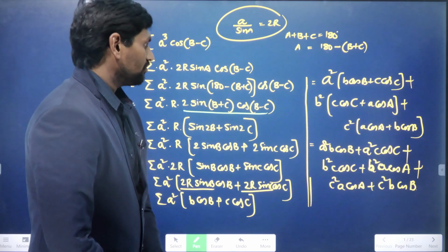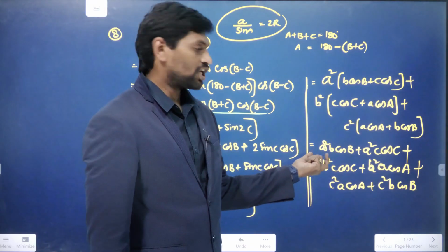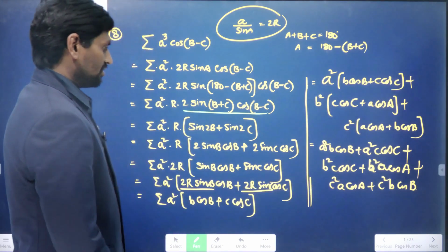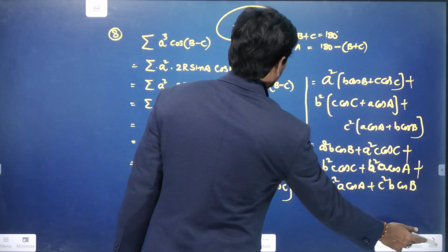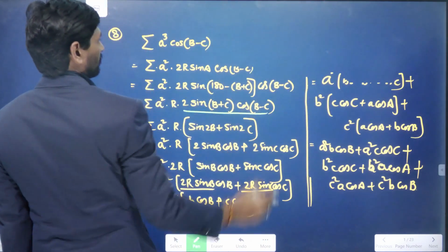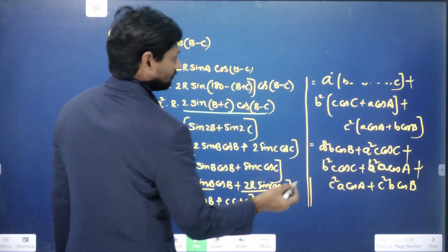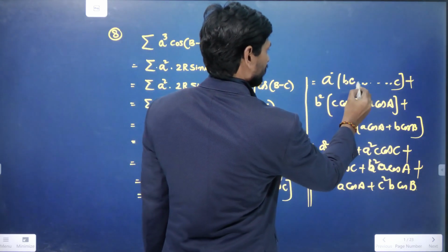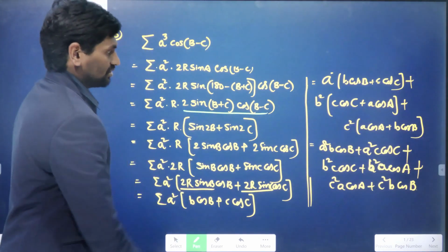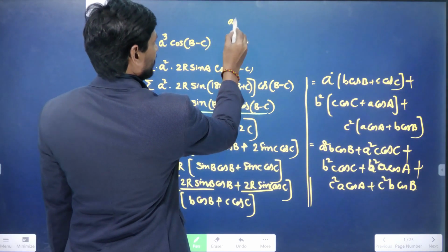Okay. While you are observing here, I am just taking the common elements AB, BC, CA from all of the terms. Let me write the step here. From a square b, I am taking AB common.